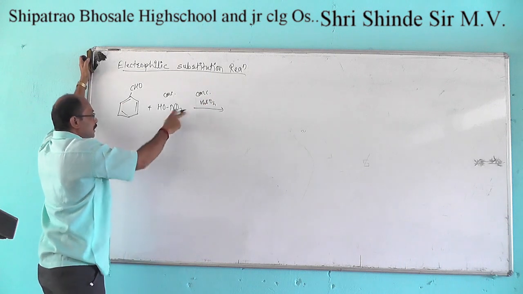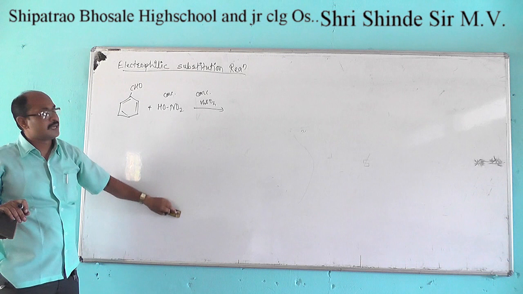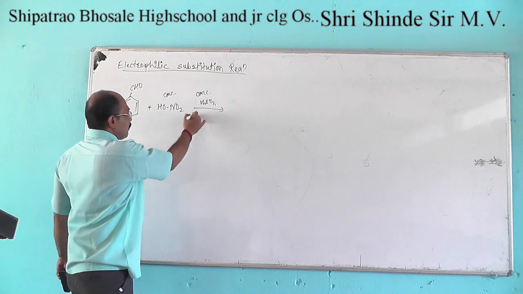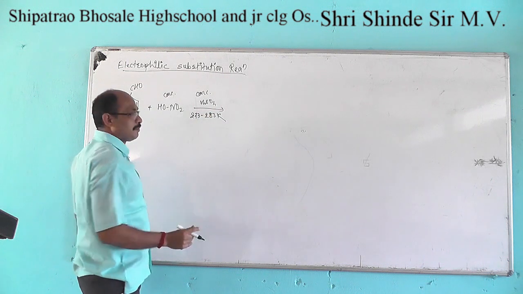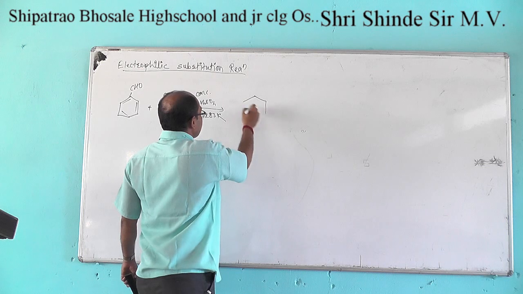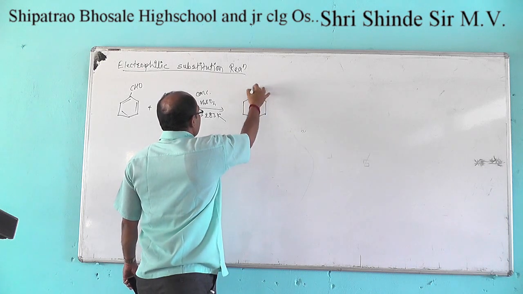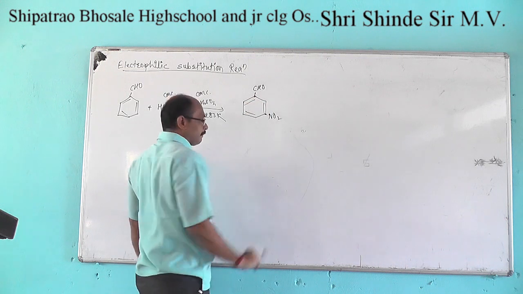We know this mixture of nitric acid and sulfuric acid is known as a nitrating mixture, at about 273 to 283 Kelvin. It means 0 to 10 degrees centigrade. It gives us the formation of corresponding meta-nitrobenzaldehyde.